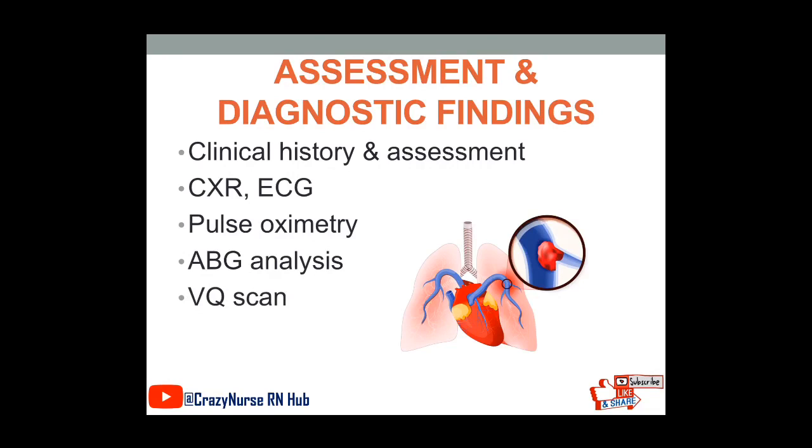This scan evaluates different regions of the lungs, the upper, middle, and lower, and allows comparisons of the percentage of ventilation and perfusion in each area. This test has a high sensitivity but can be more cumbersome than a CT scan and is not as accurate as pulmonary angiogram.